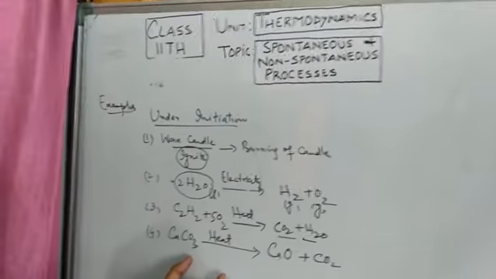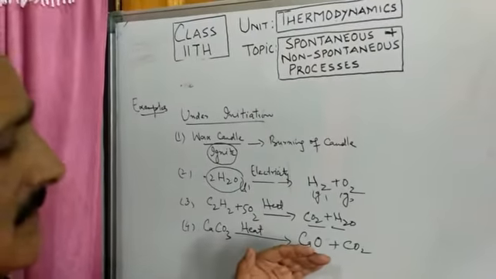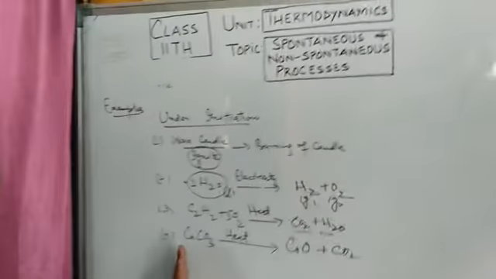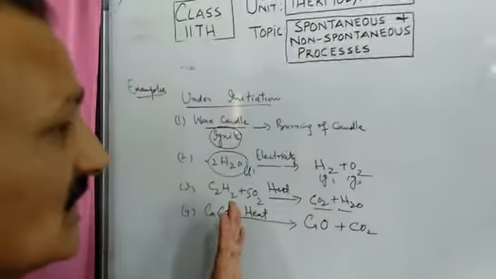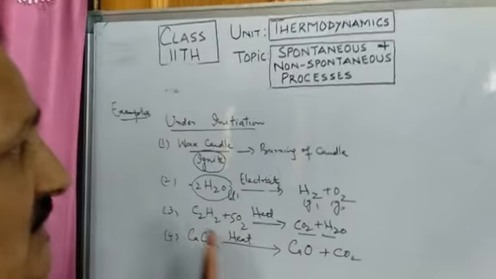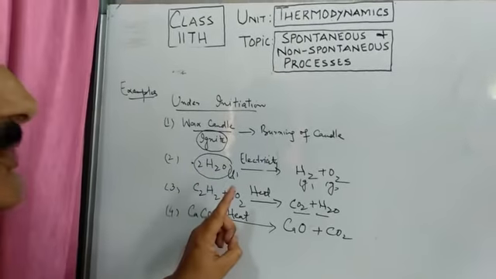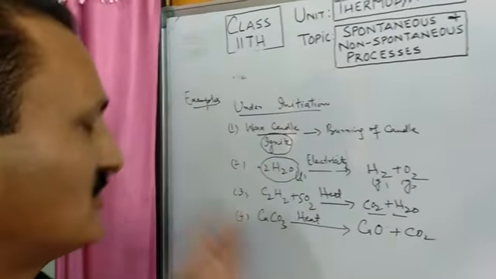And in the last example, our calcium carbonate has undergone decomposition but under the initiation of heat. No decomposition of calcium carbonate can take place until and unless heat is provided as initiation. So these are some examples of spontaneous processes where we have provided initiation.